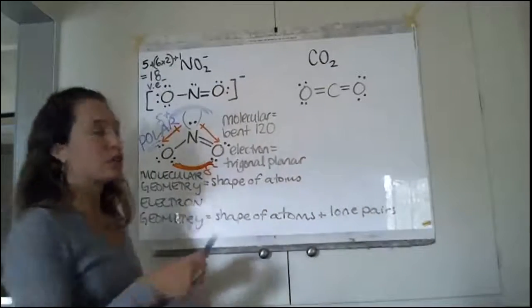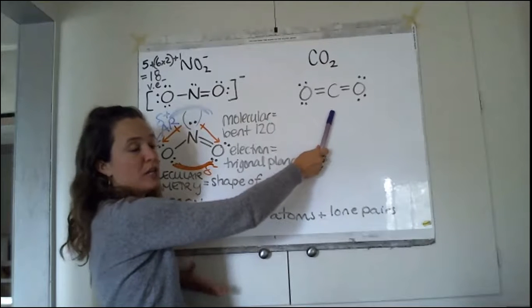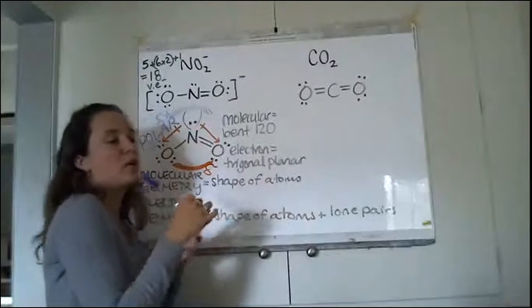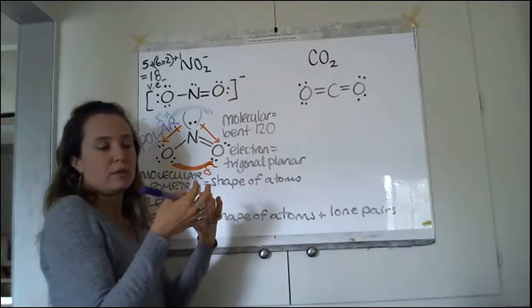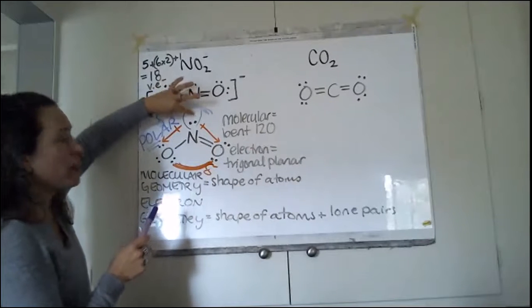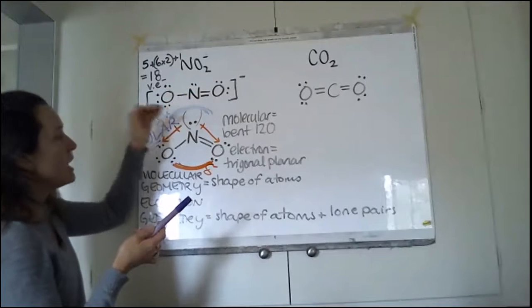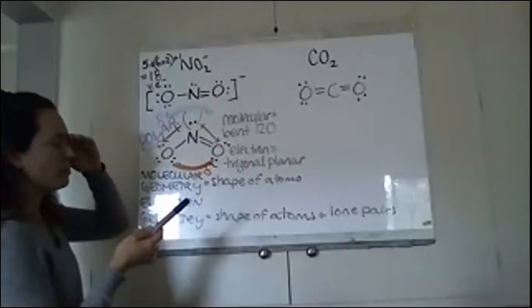So would it be linear? It is linear. Right, and that's its molecular and electron geometry. So whenever there's no lone pair on the central atom, molecular and electron geometry are the same because there's no electrons to change the shape. Over here, there's a lone pair on the nitrogen, so the electron density, which includes that lone pair, is the electron geometry.